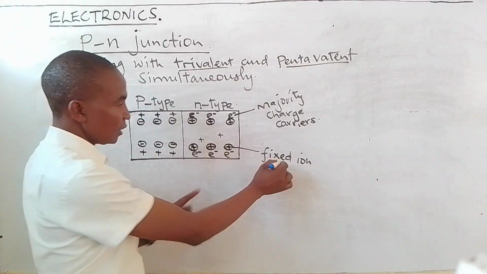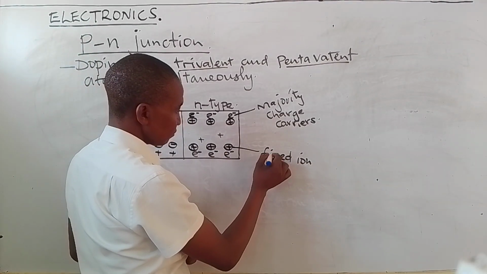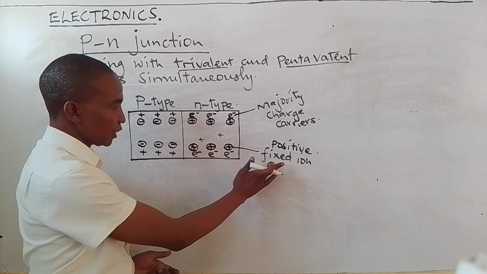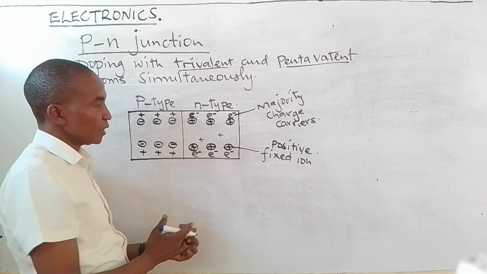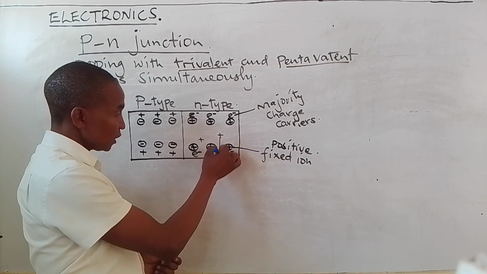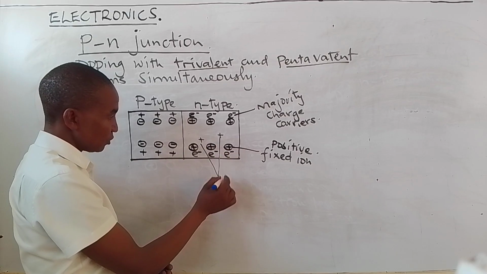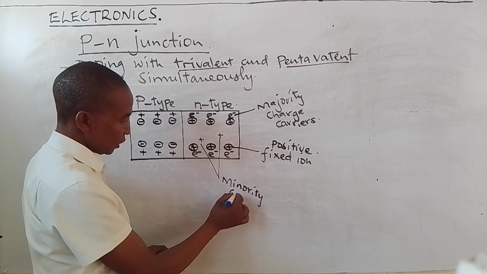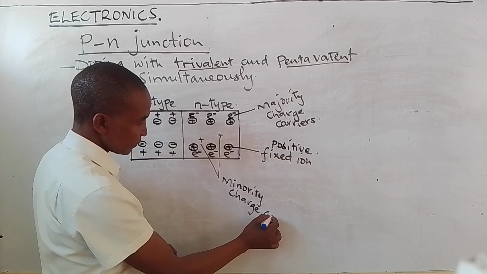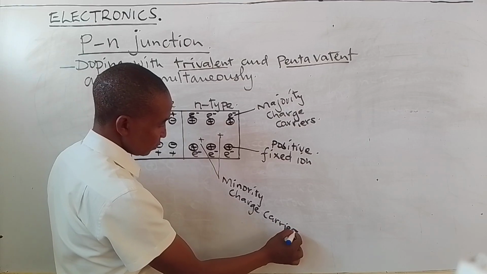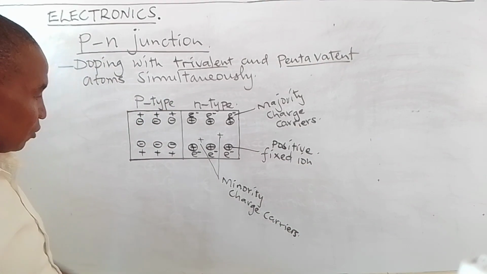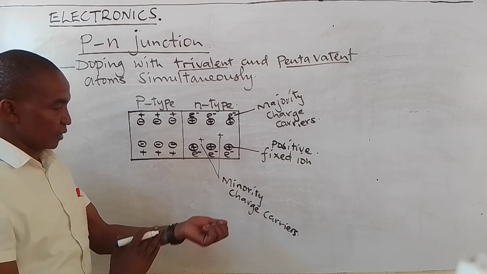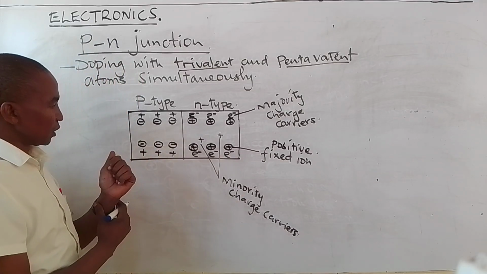These are not holes, these are positive fixed ions, which are left in the parent crystal by removing electrons. Gamma generated holes are the minority charge carriers in the n-type region.